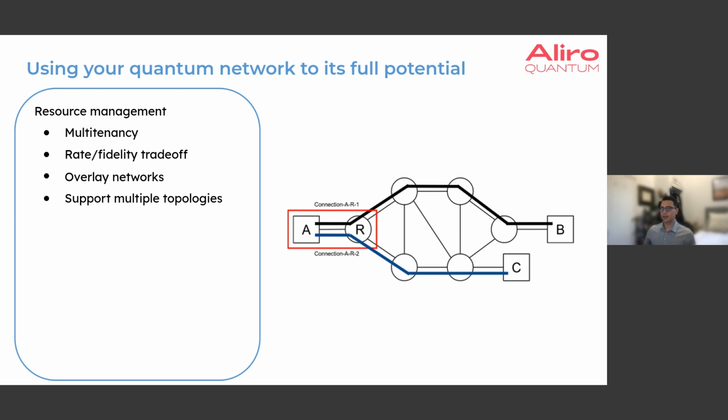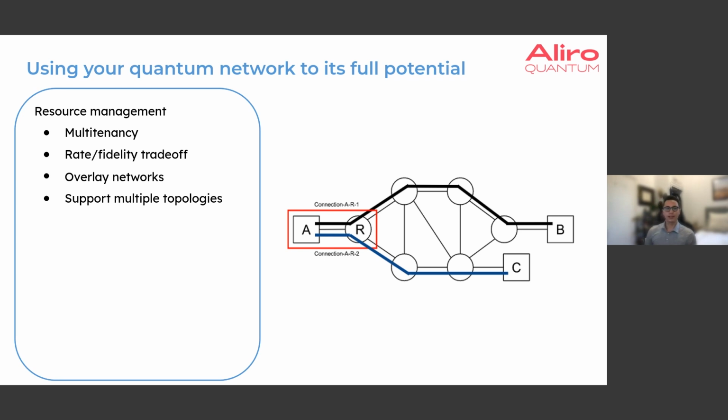To give a concrete example here, let's say we have 3 end nodes here, A, B, and C. So A wants to connect to B, but A also wants to connect to C. This could be a different user that's wanting to use the network as well.